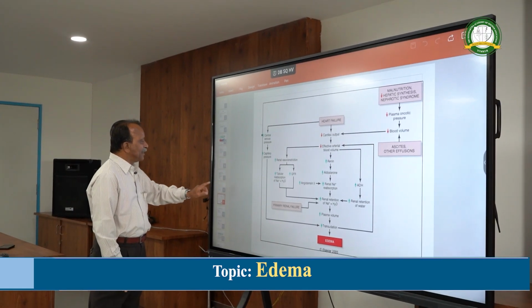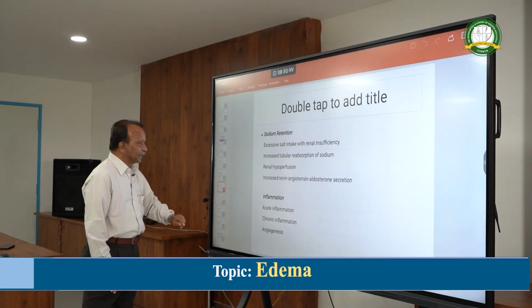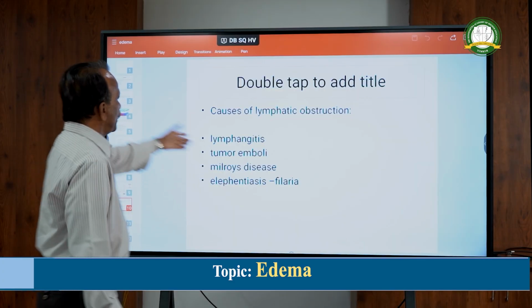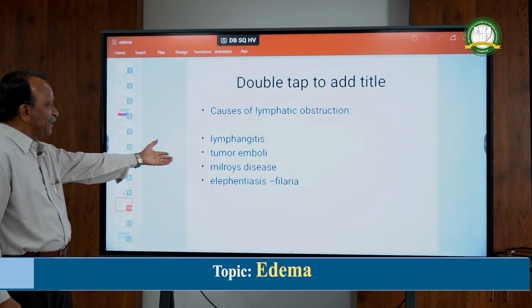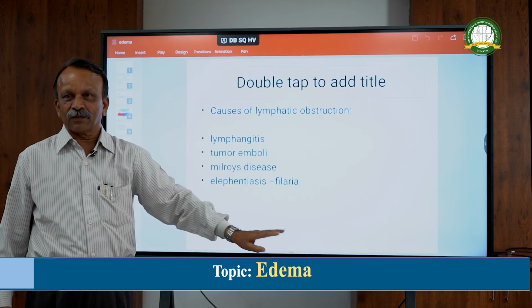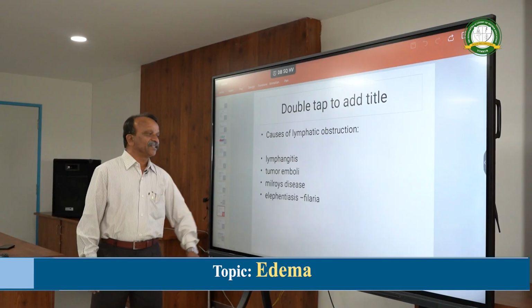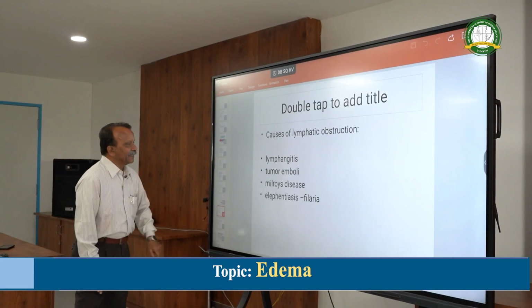Then I told the tumor emboli, that there is one more condition called Milroy's disease in case of lymphatic obstruction. That is weakness of the valves of the lymphatics, which can result in the edema, right?